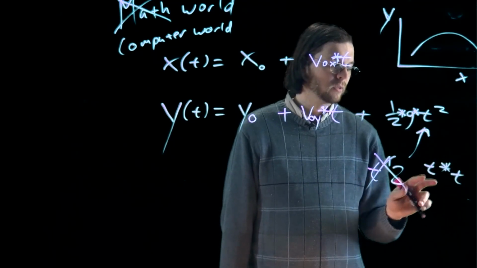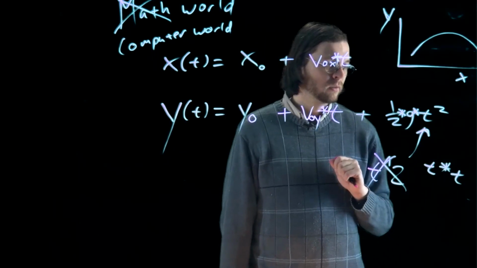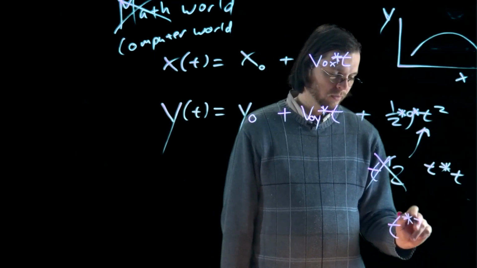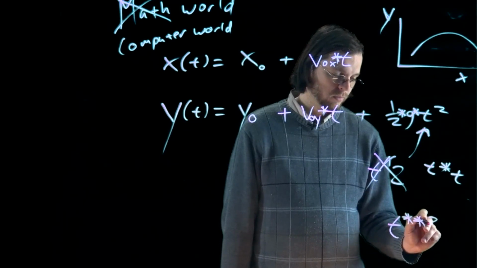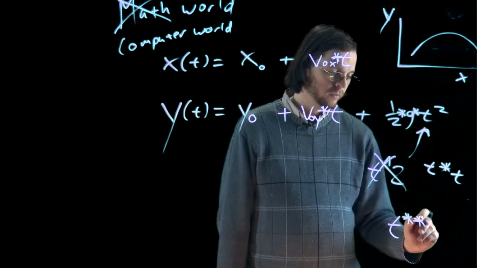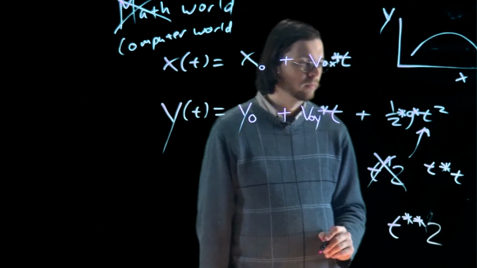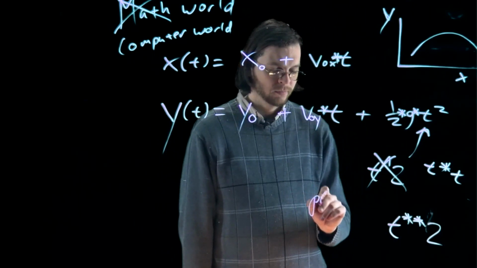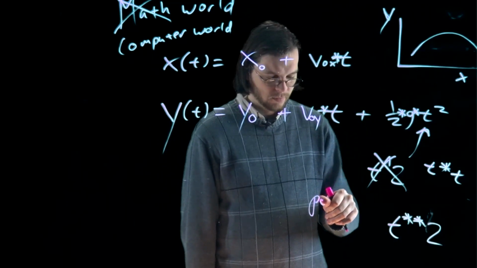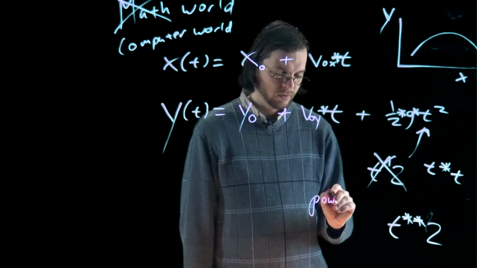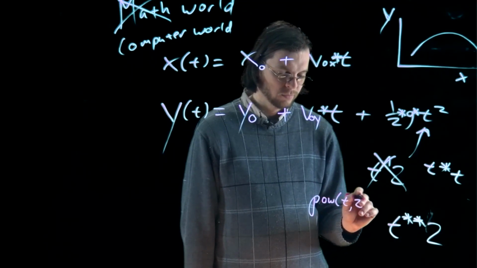I hope you would agree that t times t is t squared. If you really wanted to, you could do t asterisk asterisk 2, which is more of a Python-y way of doing it. And then finally, a third way you could do it would be pow(t, 2). That would also work.